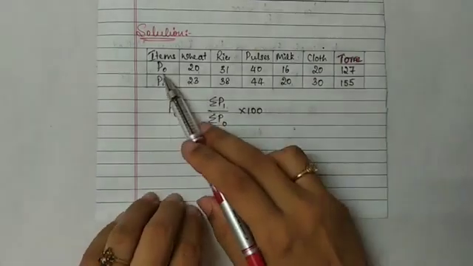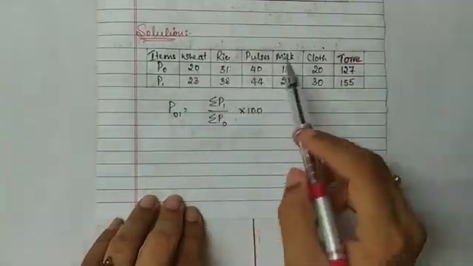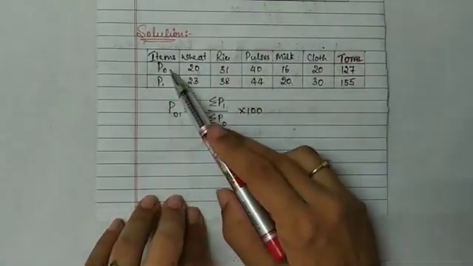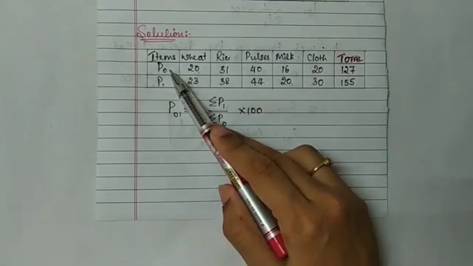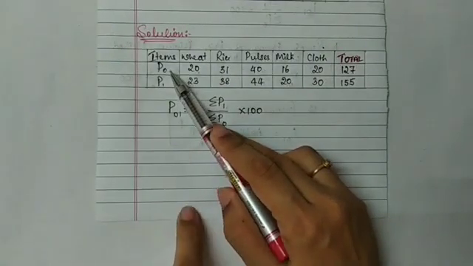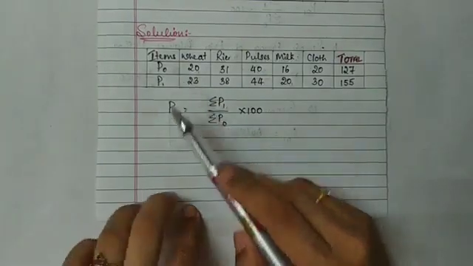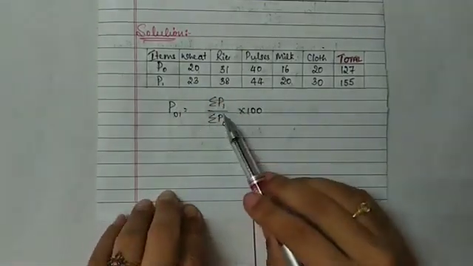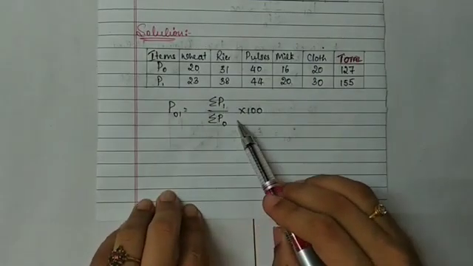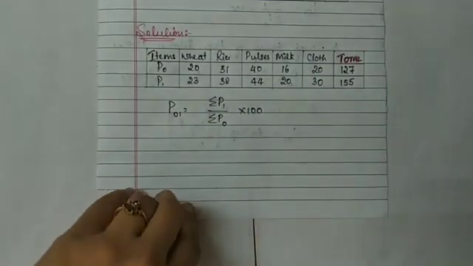First, items as it is: weight, rice, pulses, milk, and cloth. P0 is the price of 2010 and P1 is the price of 2012. And our formula is summation P1 divided by summation P0 multiplied by 100.